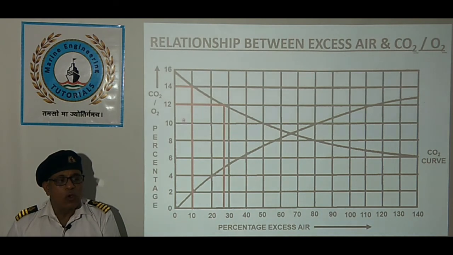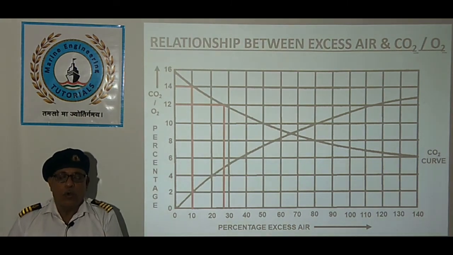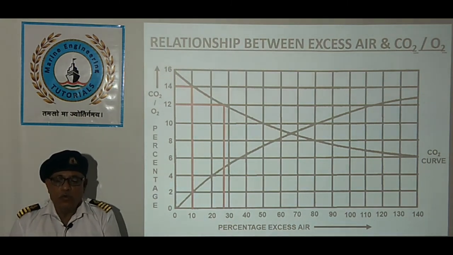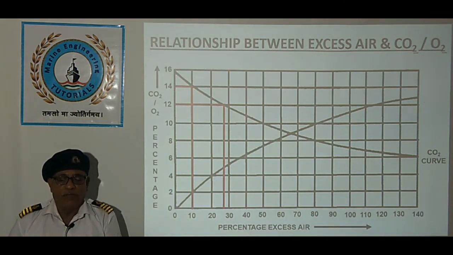Corresponding to 14%, the excess air is 10%, and corresponding to 12% carbon dioxide, excess air is 27%. Automatic combustion control is adjusted to achieve it on its own. When the percentage of carbon dioxide lies outside this range, readjustment of combustion control system becomes necessary.